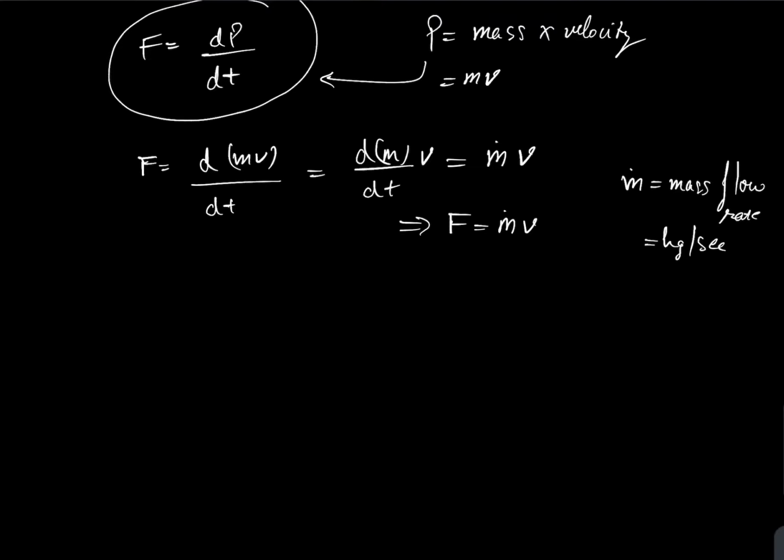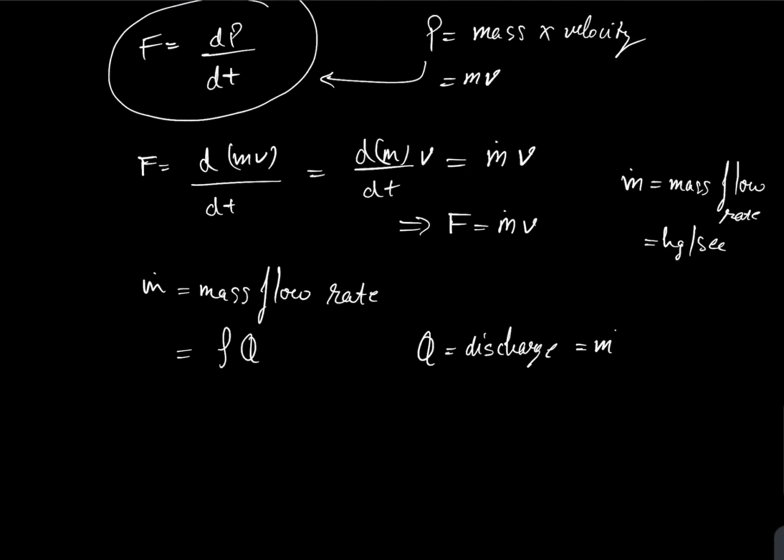As we are studying fluids here, rather than dealing with mass, we prefer to deal with volumes, so we will convert it into volume per unit time. The mass flow rate can also be written as rho into Q, where Q is the discharge, which is in meter cube per second.